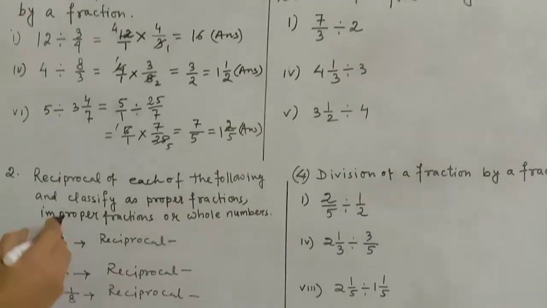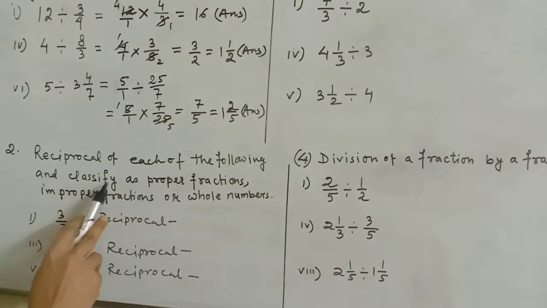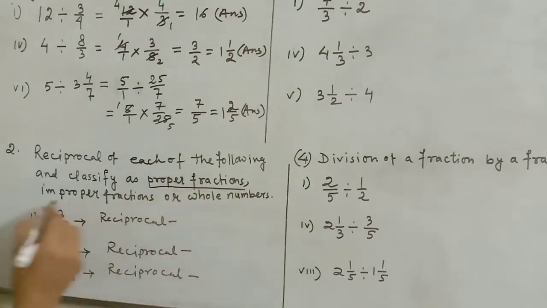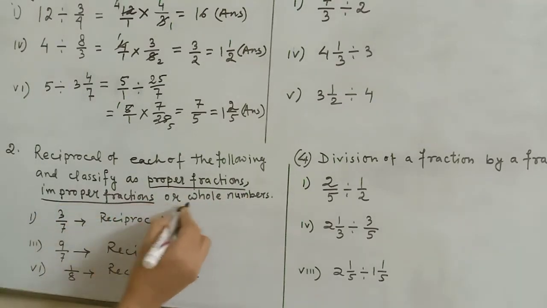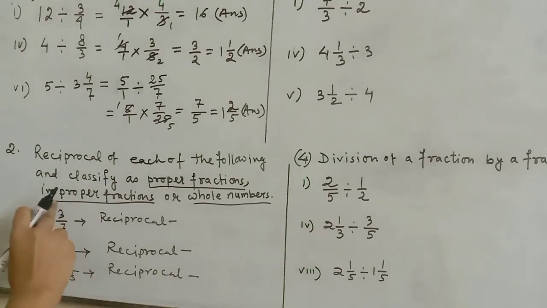Next, question number 2. Write the reciprocal of each of the following and classify as proper fraction, improper fraction or whole number. First of all, you should know what a reciprocal is. The reciprocal of 3 by 7 is just numerator becomes denominator and denominator becomes numerator.